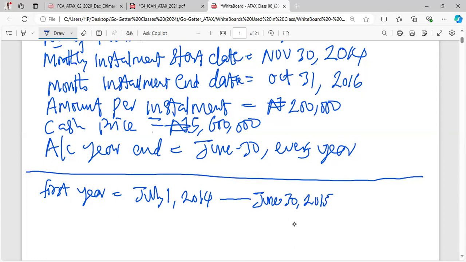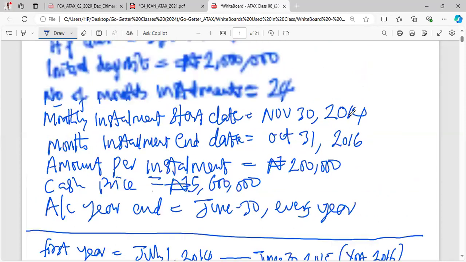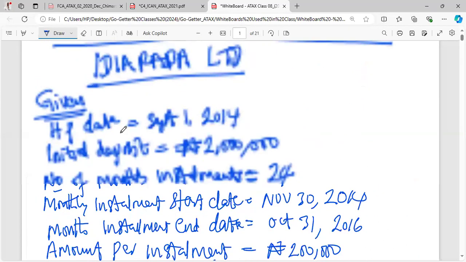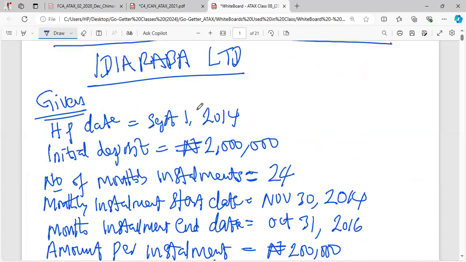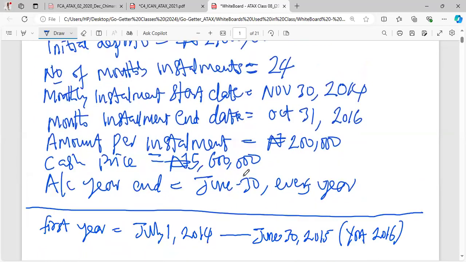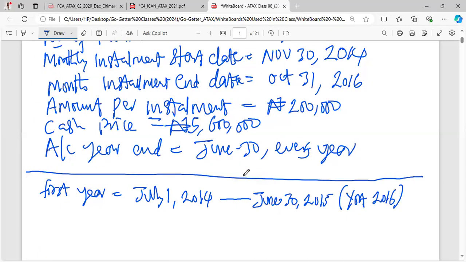So this is what year of assessment? Year of assessment 2016. Why are we using July to June? This hire purchase started in September. So that means from July, the beginning of the service period, which is the basis period, down to June.